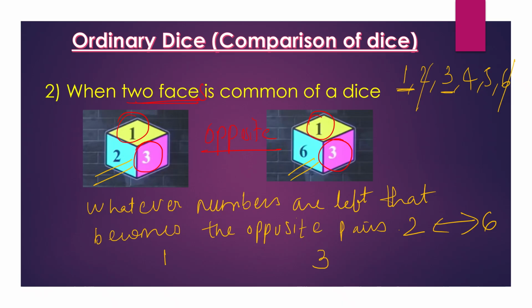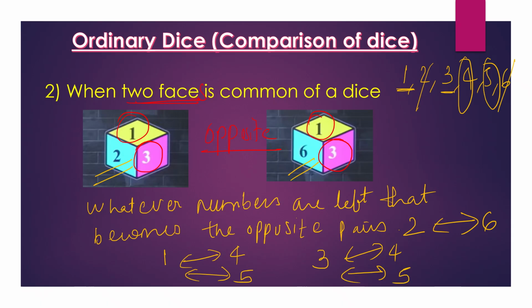So what numbers are left now? 4 and 5 are left, correct? So 1 का opposite 4 भी हो सकता है, 1 का opposite 5 भी हो सकता है. Similarly, for 3 also, 3 opposite can be 4 or 3 opposite can be 5. Okay, so we can't say correctly that 1 का opposite 4 है या 1 का opposite 5 है. So there is no surety. 1 का opposite 4 भी हो सकता है या 5 भी हो सकता है.